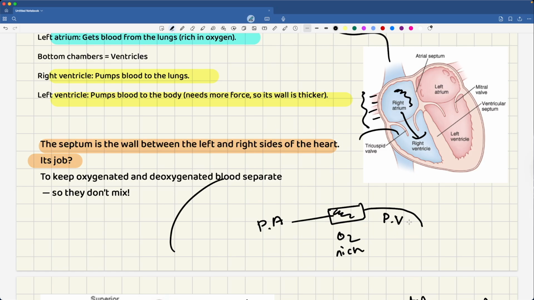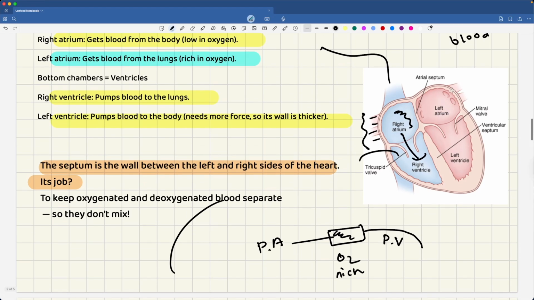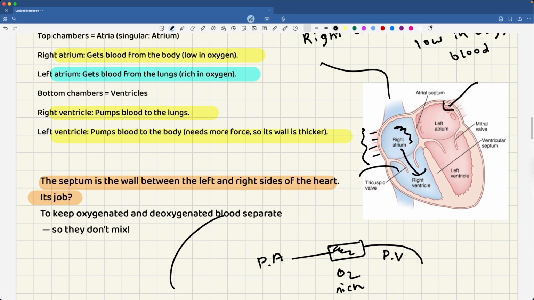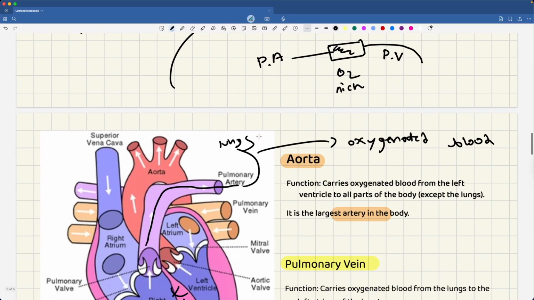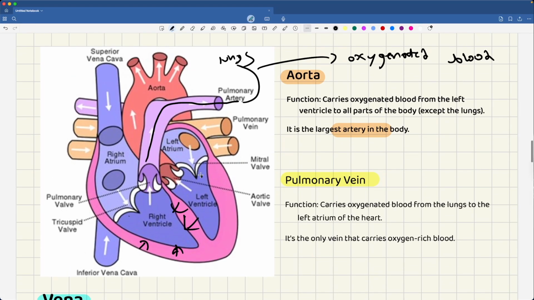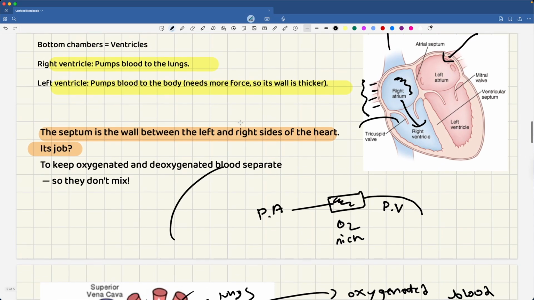So from this pulmonary vein, the oxygenated blood enters into the left atrium. When the left atrium contracts, the blood enters into the left ventricles. When these ventricles contract, the blood travels through the aorta and is transferred throughout the body. Okay, did you get it?